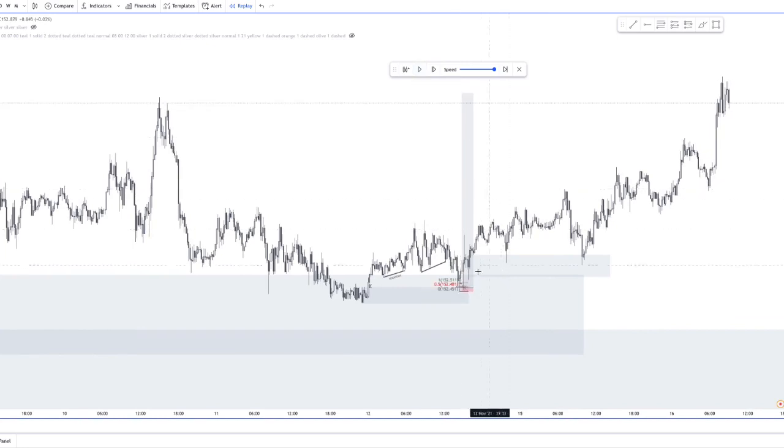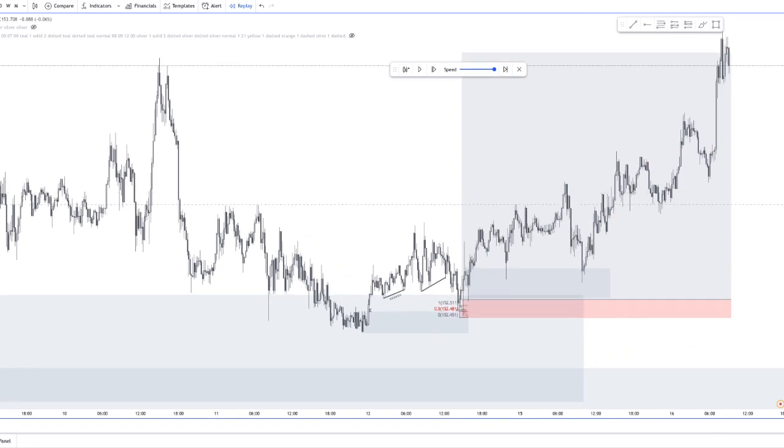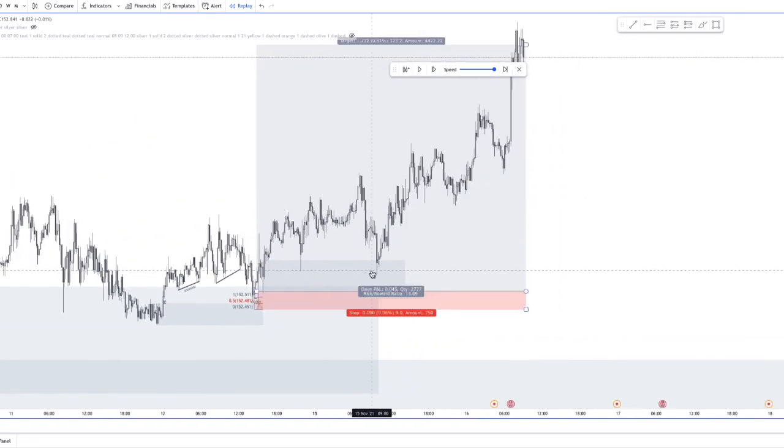And look, we have one short-term trade, another short-term trade, another short-term trade, another short-term trade, because we knew the direction.